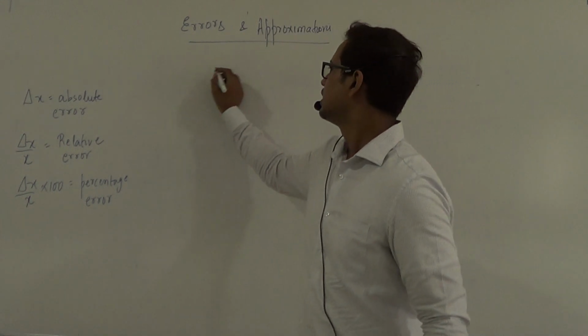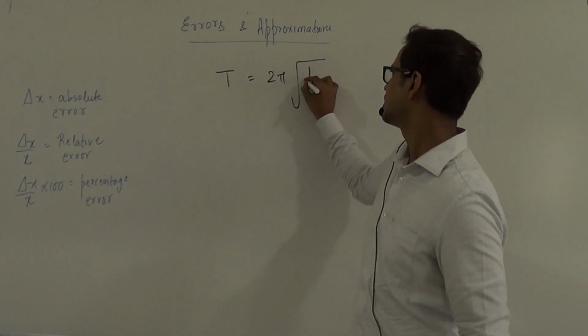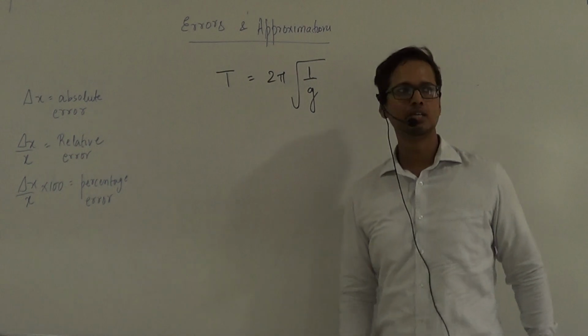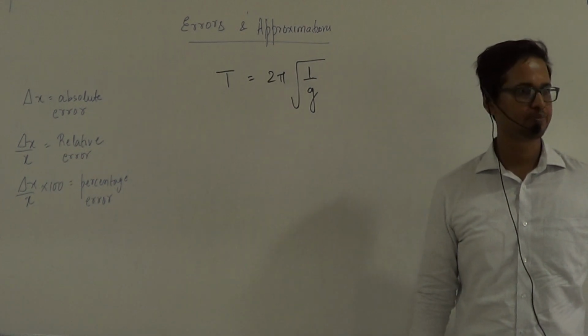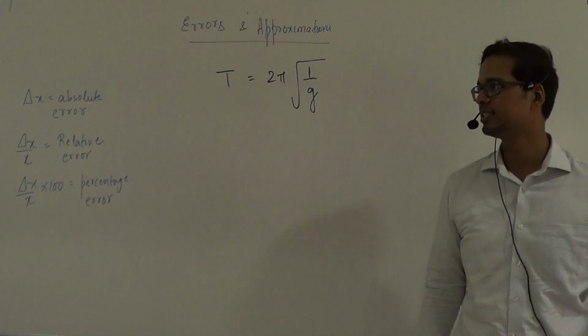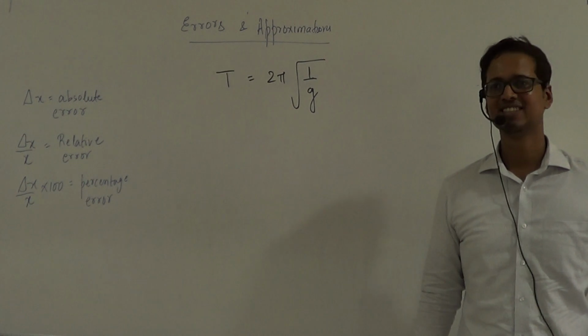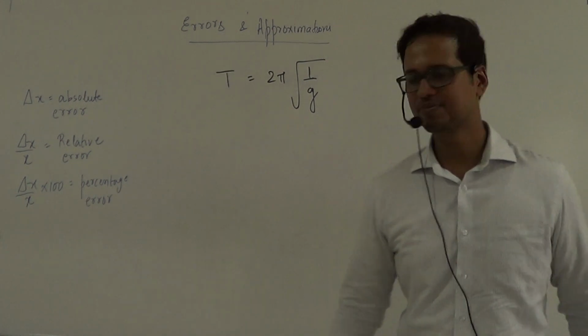Next, the time period of a simple pendulum is given by 2 pi under root L by g. All of you are aware of this formula?